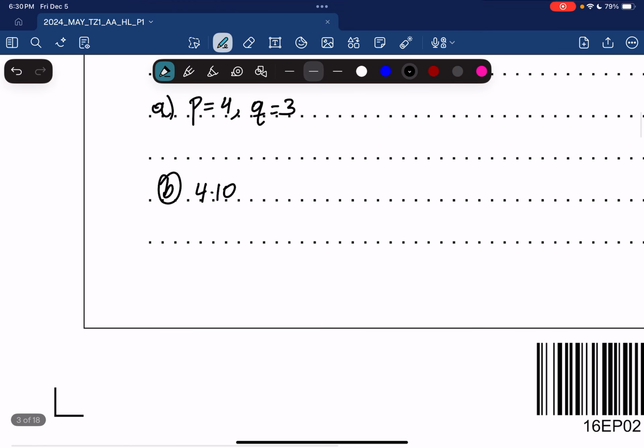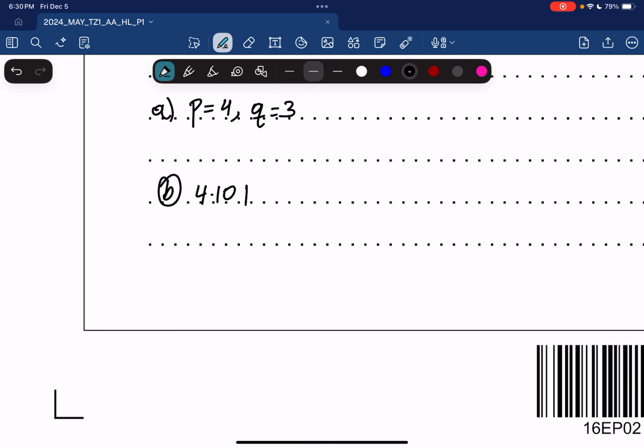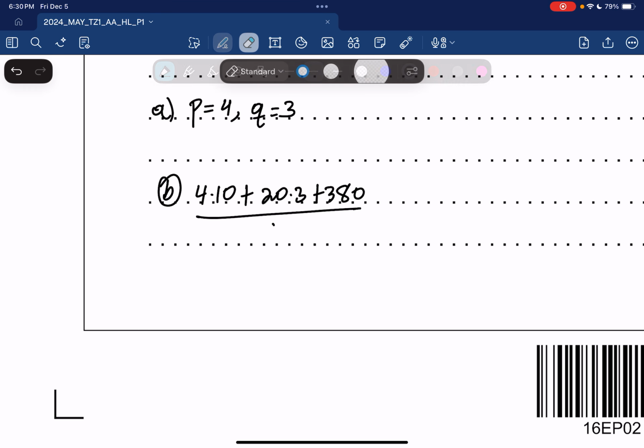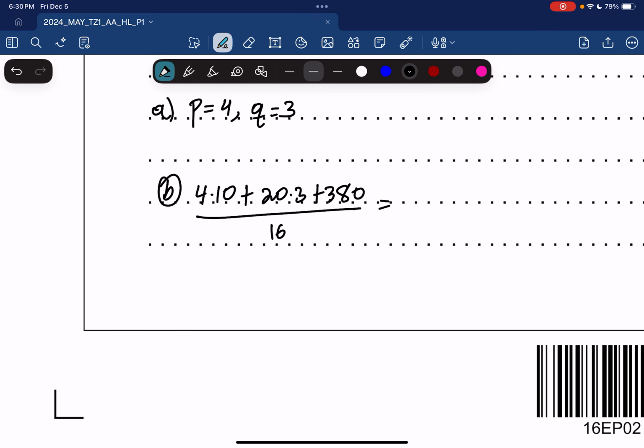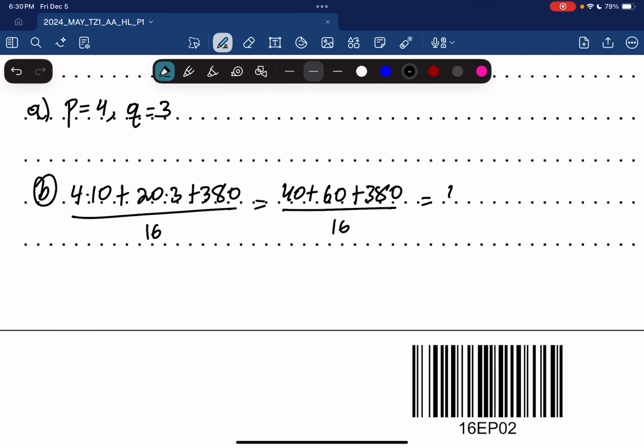So it's going to be 4 times 10 plus 20 times 3 plus 380, divided by 16. So that would be 40 plus 60 plus 380, divided by 16. So that would be 480 divided by 16.